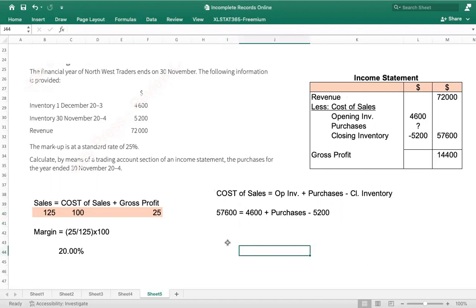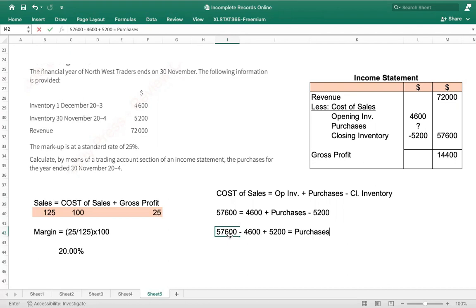Wait, just a second. So I will transfer these two figures which are on the right hand side. Shall I transfer to the left hand side? Yes. So 57,600 minus 4,600 and plus 5,200, isn't it? Is equal to purchases. Is it correct mathematically?